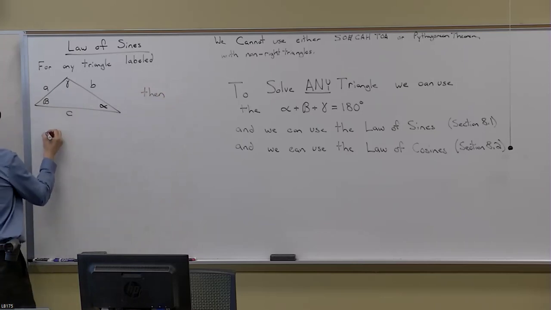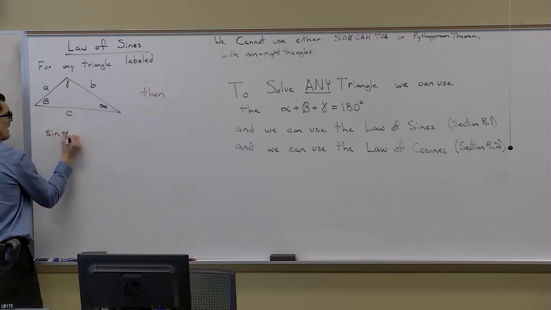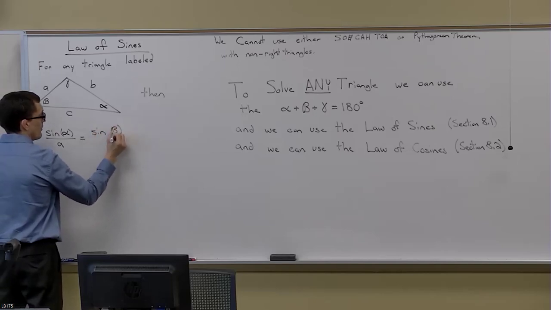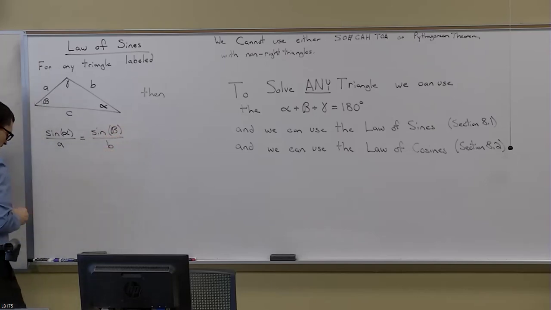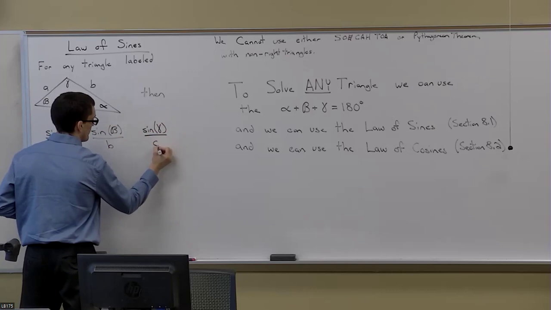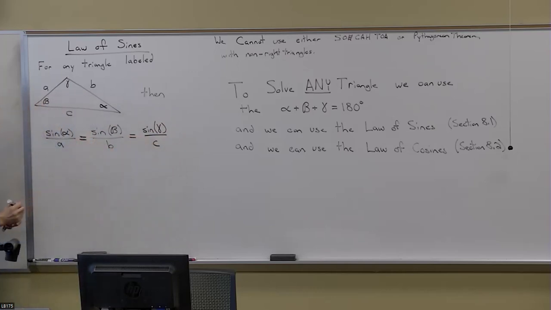The law of sines says if I take the sine of angle alpha and divide it by A, I get the same thing as if I take the sine of angle beta and divide it by B, and I get the same thing as if I took the sine of angle gamma and divide it by C. Generally speaking, the law of sines is always written this way, but you could separate each of these out into three different equations.